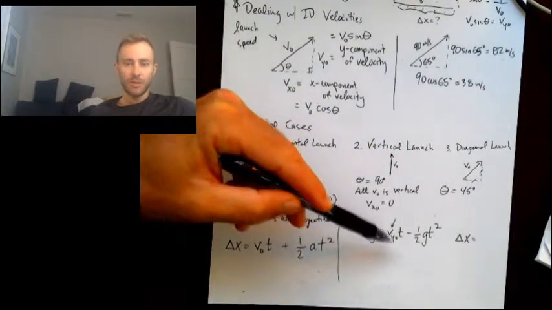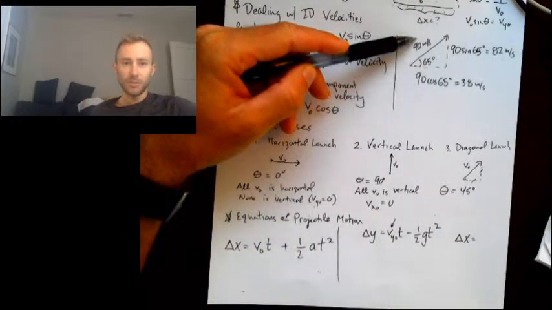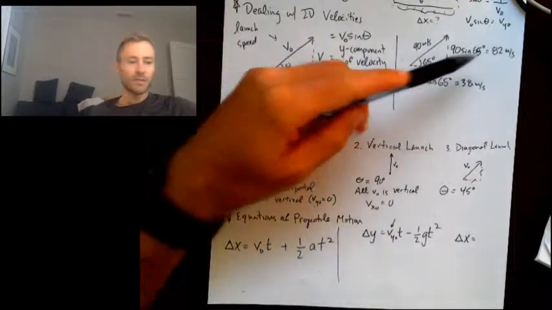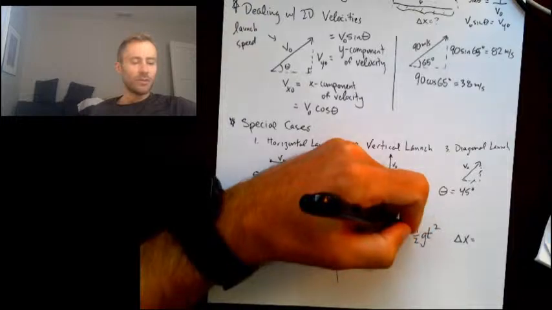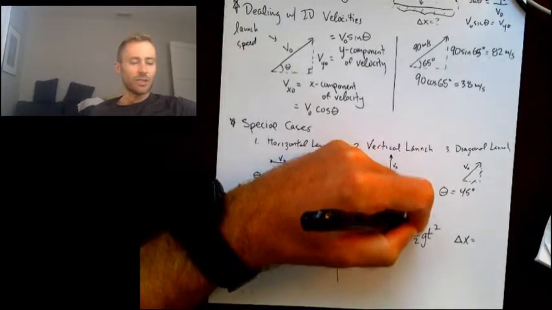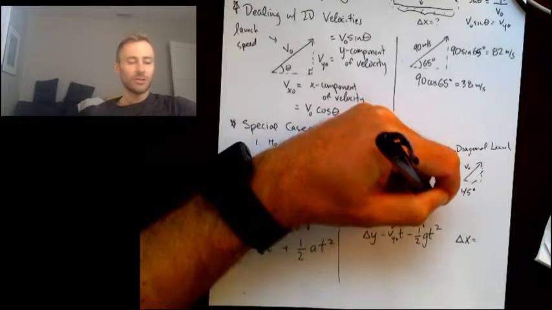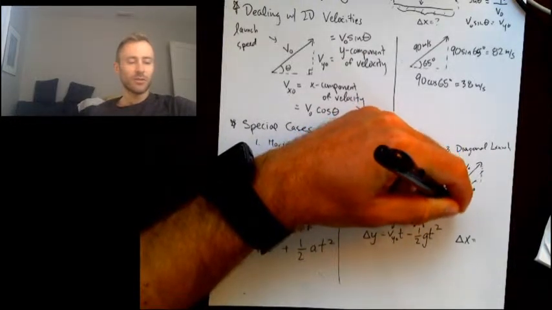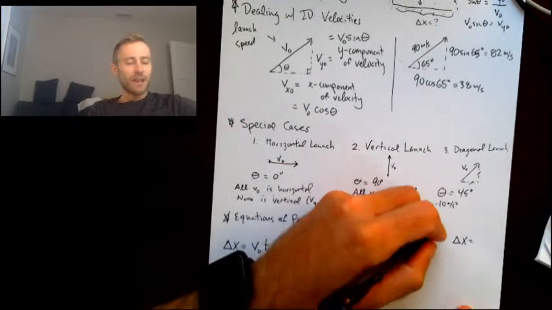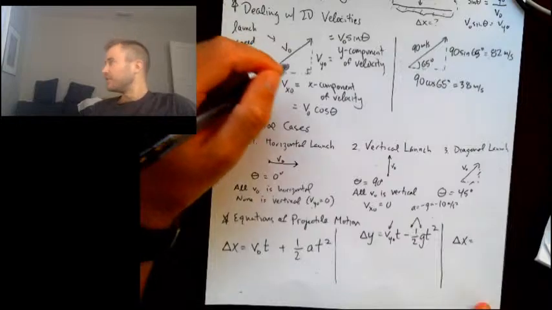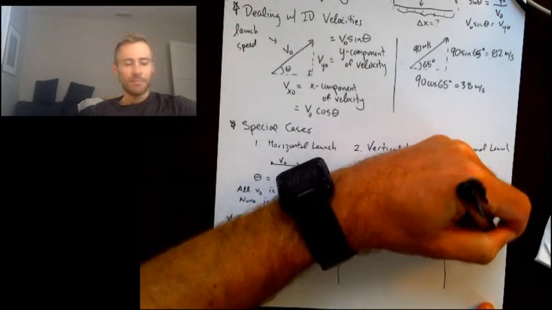If it was a 90 meter per second launch at 65 degrees, then this number would be 82. All right. And then we can see we have a minus 1/2 g. So that means that the acceleration is negative g, which is another way of saying negative 10 meters per second squared. All right. Our delta x equation is Vx naught times time.